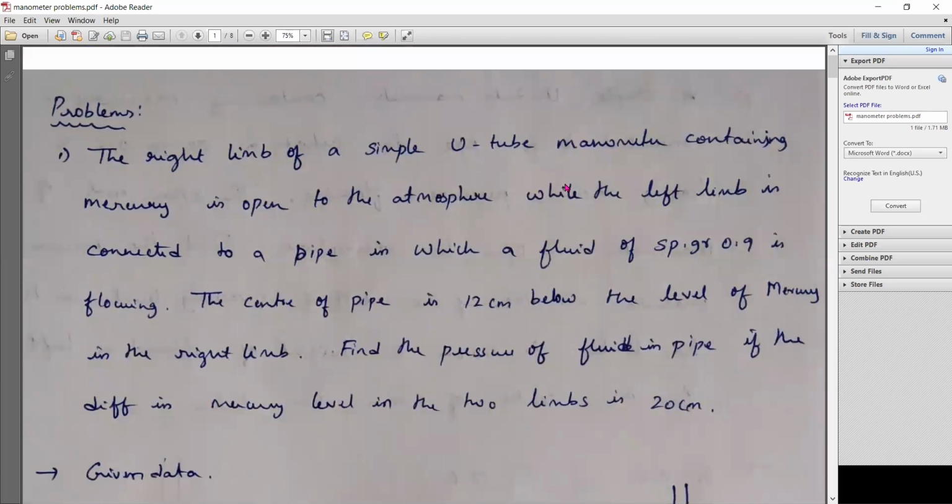Right? So please copy the question first. If you finish the question, draw the diagram also. Inform me if you have finished writing the question.